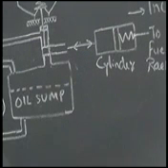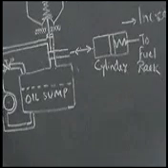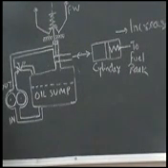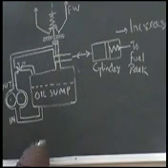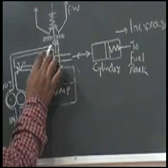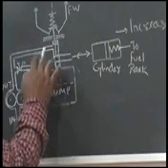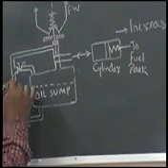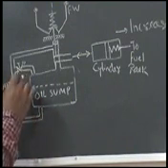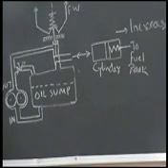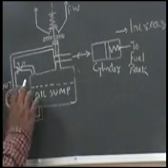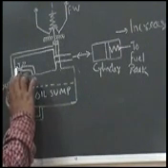Whenever the oil is not consumed, it is present at this point. That means when the RPM has been maintained, the oil has to go somewhere. So at that point, the oil comes back to the sump at this point.